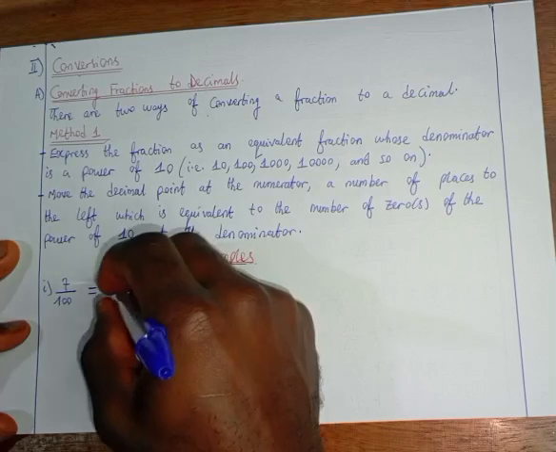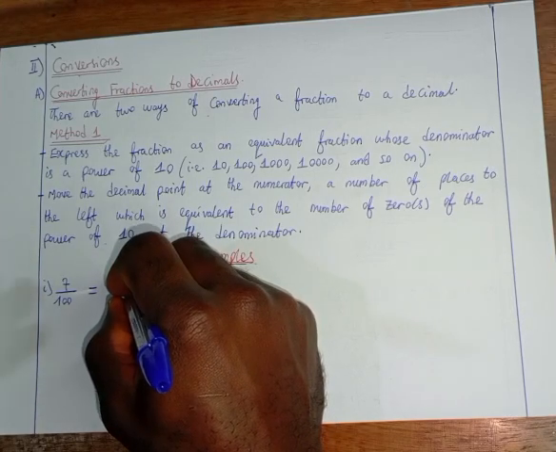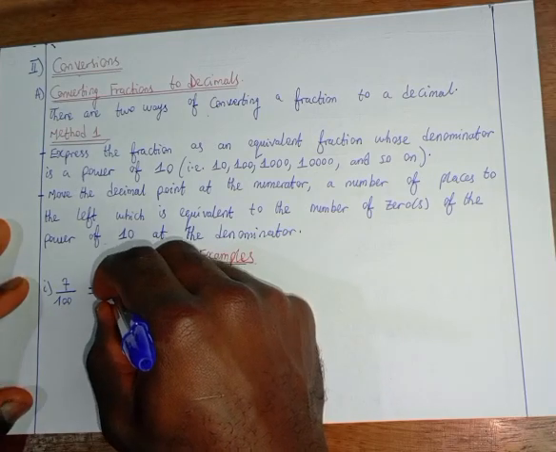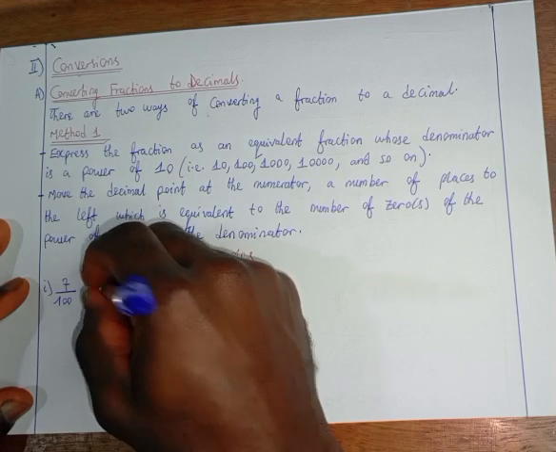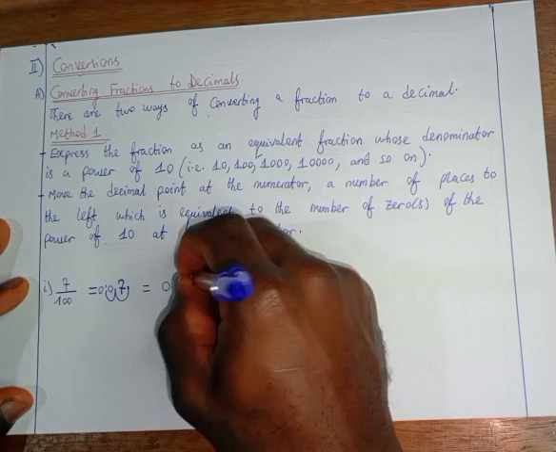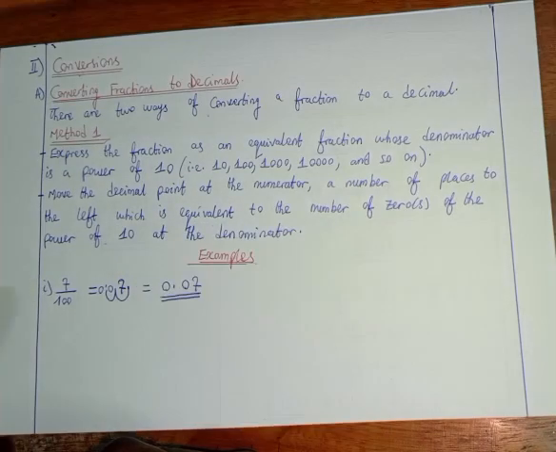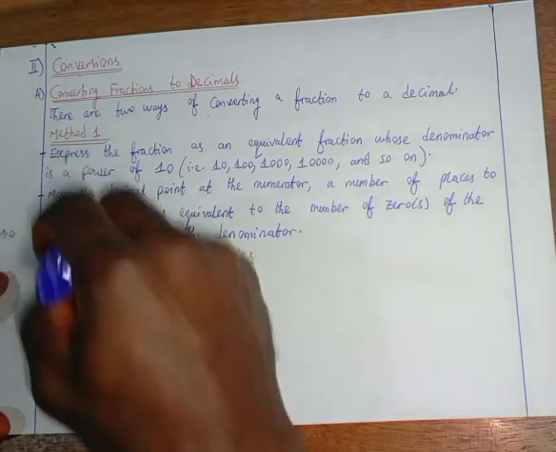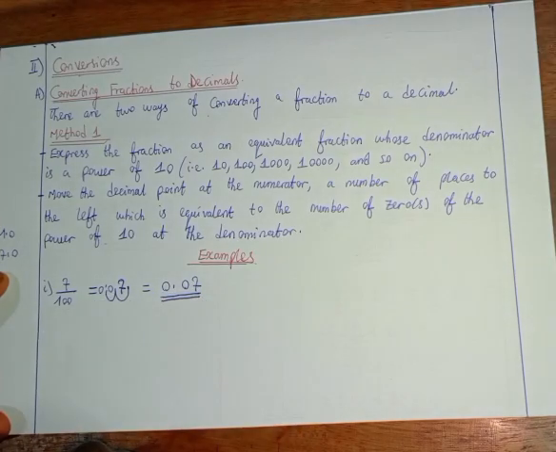We are going to take the decimal point 2 places to the left hand side because the power of 10 at the denominator has 2 zeros. We are going to take it 1, 2, then we fill the gaps with zeros. So this will simply be equal to 0.07. We can express whole numbers with the decimal point. We can write 1 as 1.0, 7 as 7.0. So take note of this.